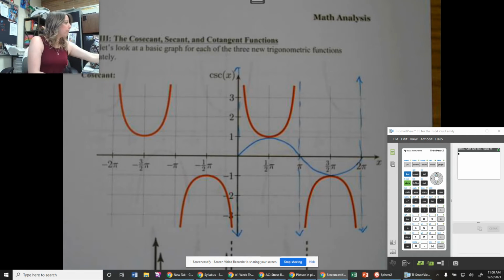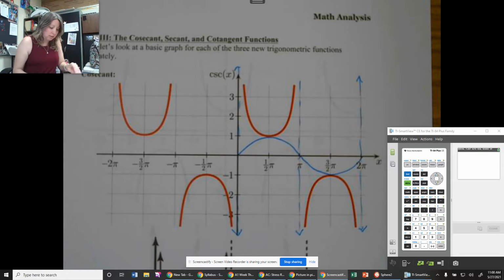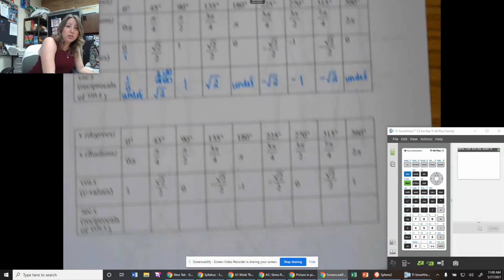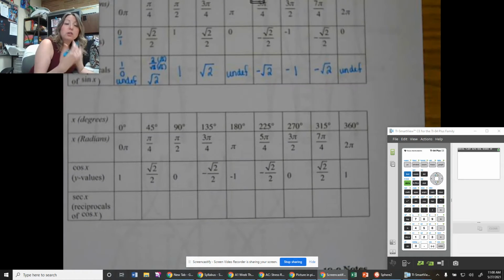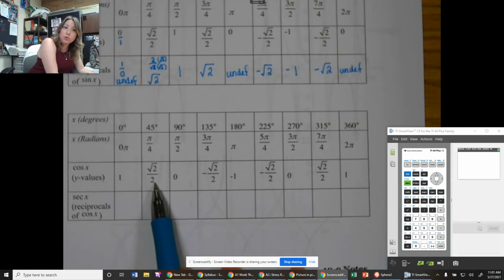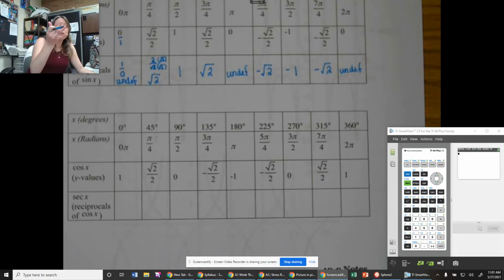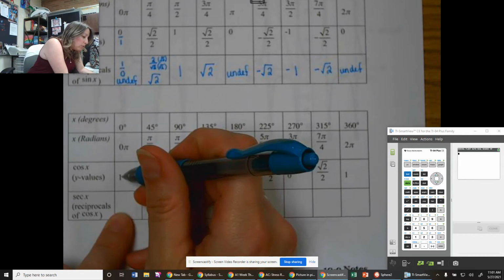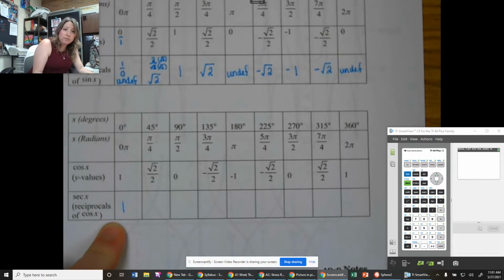Okay. Let's take a peek at what secant ends up looking like when you flip these upside down. Now, of course, similar values. We already know what's going to happen when we flip 2 over radical 2 and then rationalize it. But notice here, we're not undefined, right? 1 over 1 is still 1.